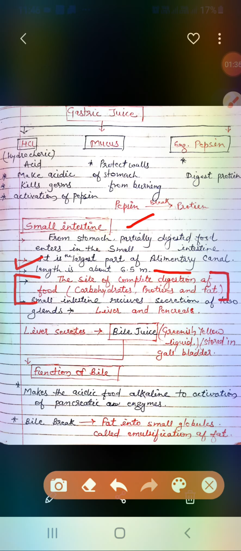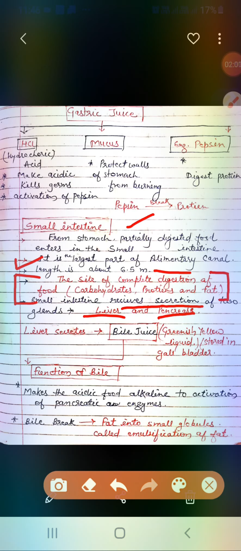Basically, the small intestine receives the secretions of two main glands called the liver and pancreas. You can see the liver and pancreas on the diagram of the human digestive system. On the left-hand side there is the liver, and the pancreas, a leaf-like structure.